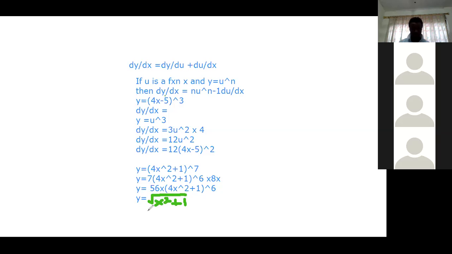What did we get? x over root x squared plus 1. Yes. Who else? Maureen, what did you get? So I had x times, in brackets, x squared plus 1, exponent negative half.